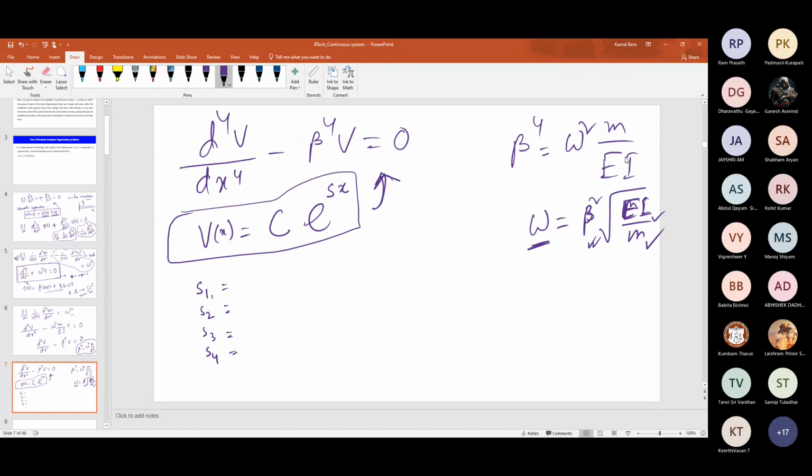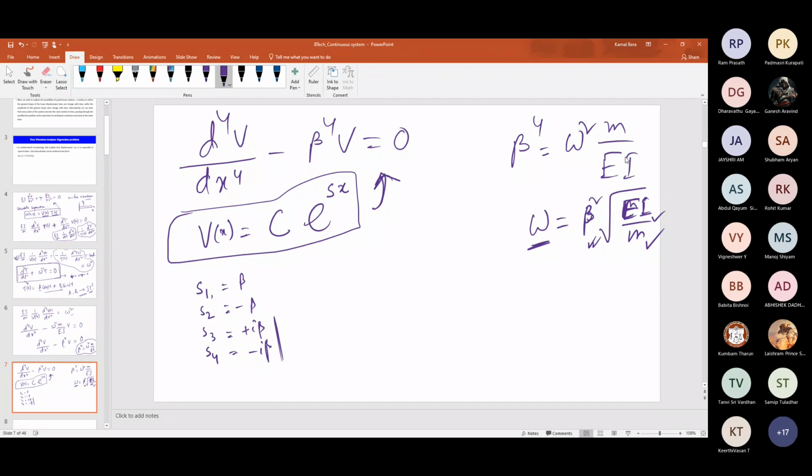So what are the roots? Plus or minus beta, and plus or minus i beta. Previously we were getting something like plus minus i something; now we are also getting some real roots. So 4 roots are there.